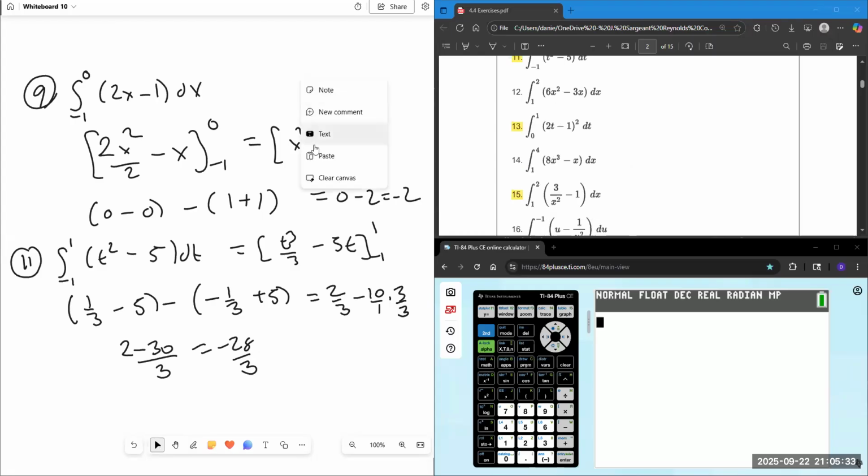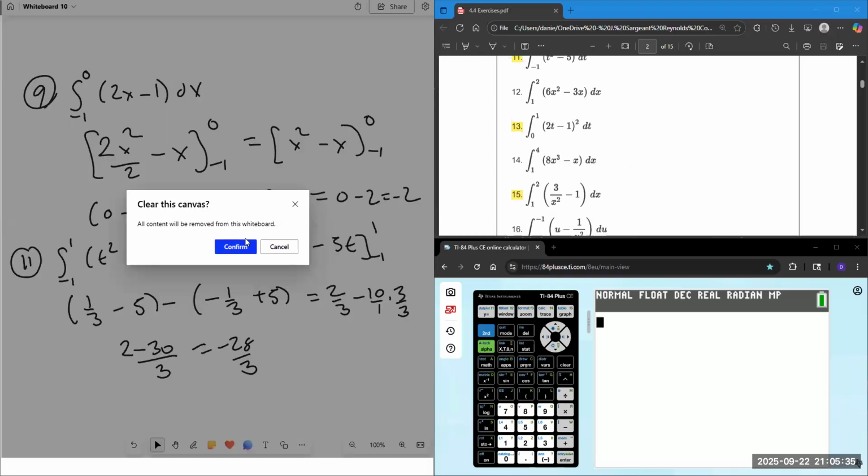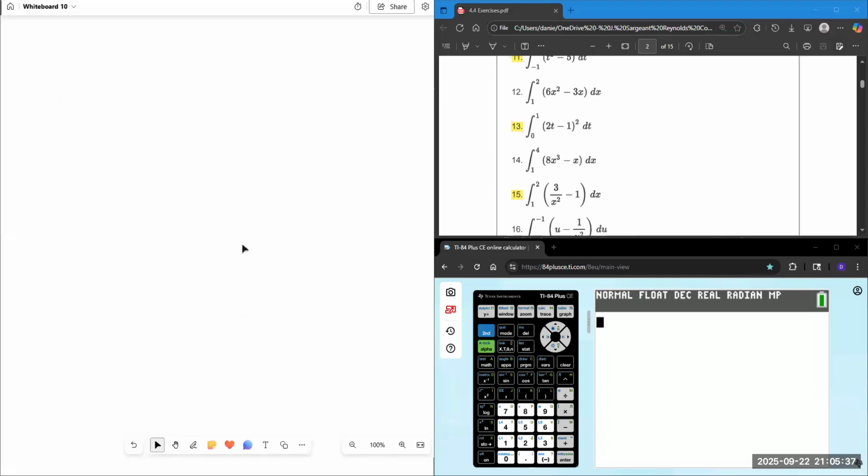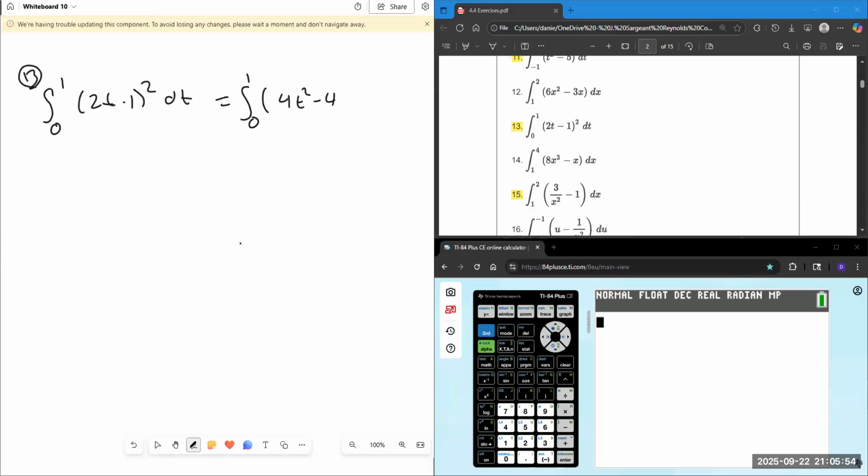Let's look now at number 13. It says the integral from 0 to 1 of 2t minus 1 squared dt. So I'm going to need to expand this: 4t squared minus 4t plus 1.